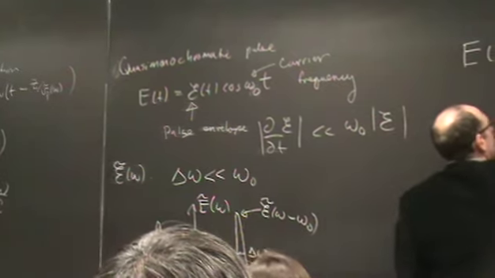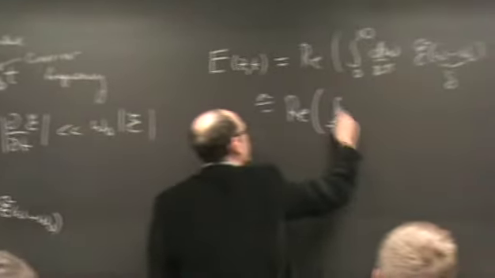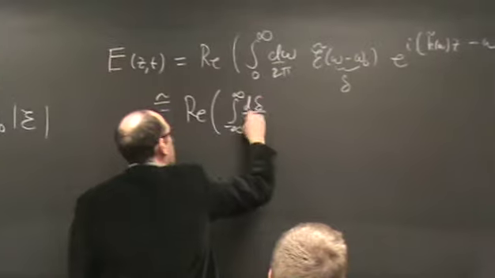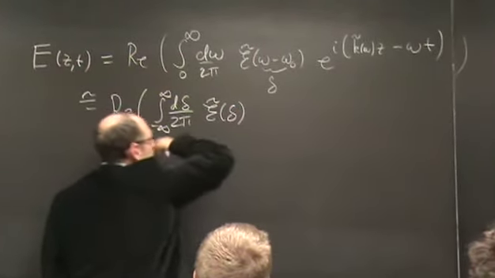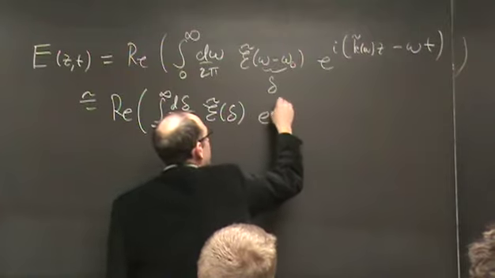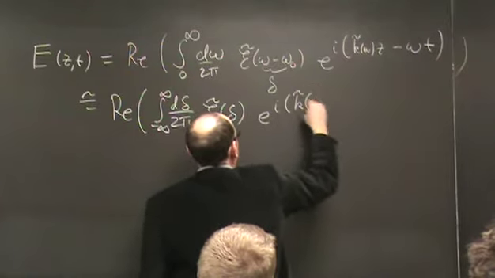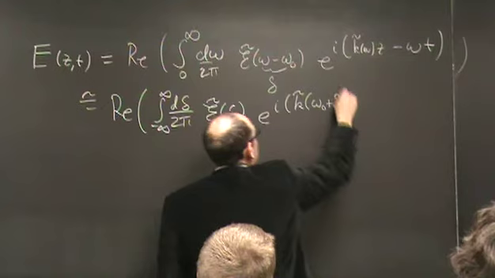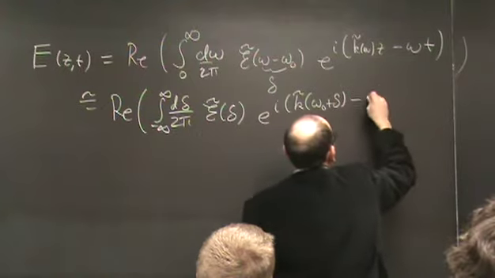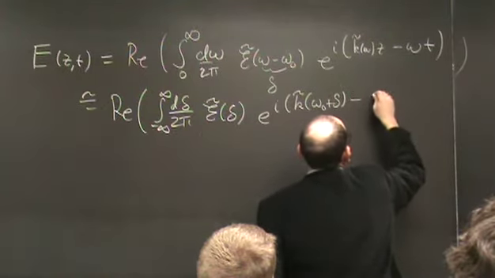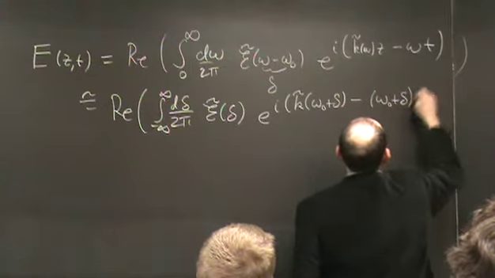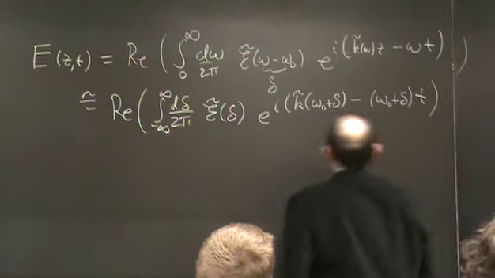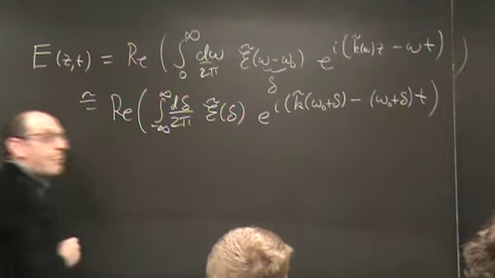So this is approximately equal to the integral from minus infinity to infinity over that difference between omega and the resonance frequency, e to the i k tilde of omega naught plus delta z minus delta t. Okay?